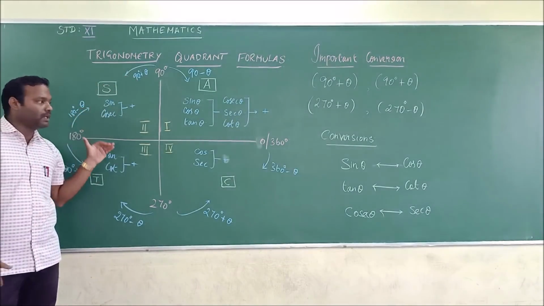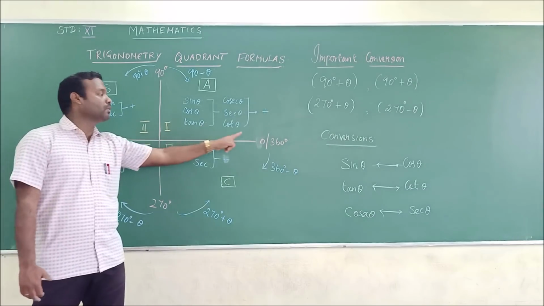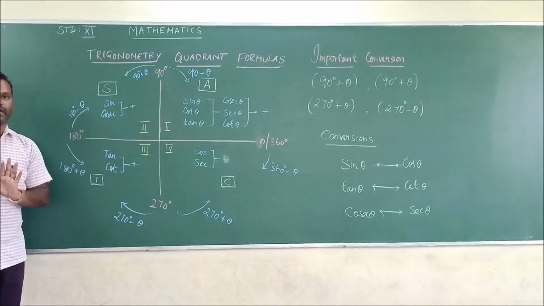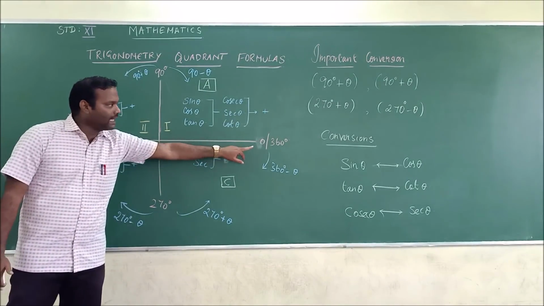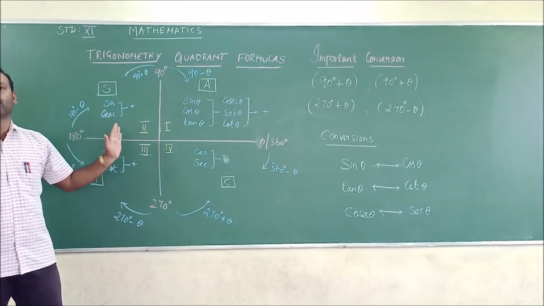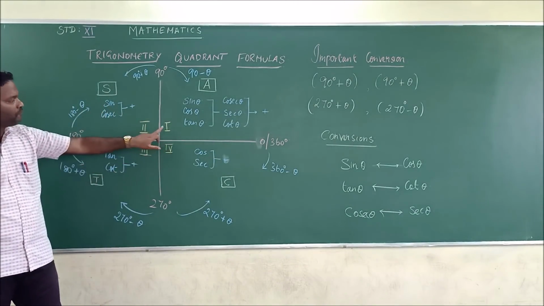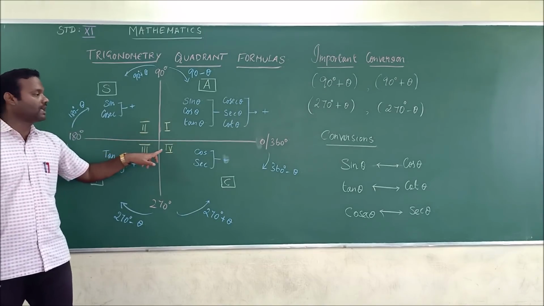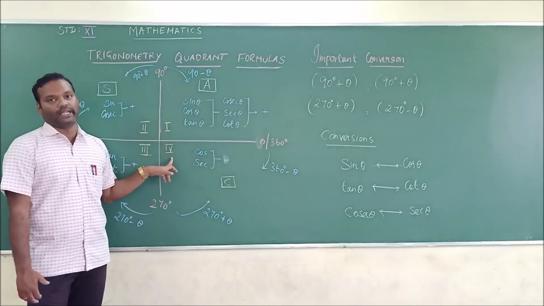But now we are going to extend that up to 360 degrees. Okay. So what is a quadrant? The entire angle range 0 to 360, I have split it up into 4 quadrants. That is the first quadrant, second quadrant, third quadrant and the fourth quadrant. Okay.